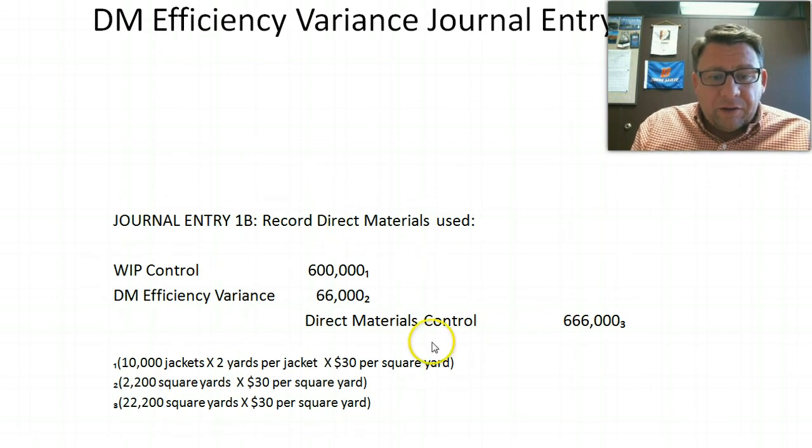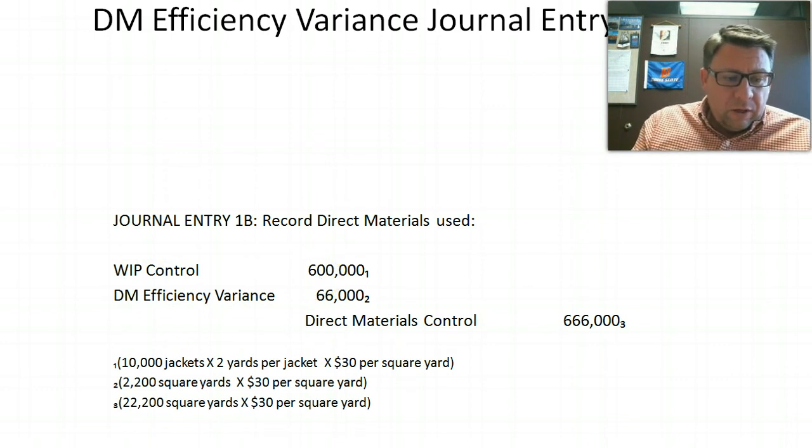Now when we get ready to use the direct materials, we're going to debit WIP for the standard amount that we should be using, 2,000 yards times $30 a yard. We're going to debit the efficiency variance. Well, let me skip that for a second.